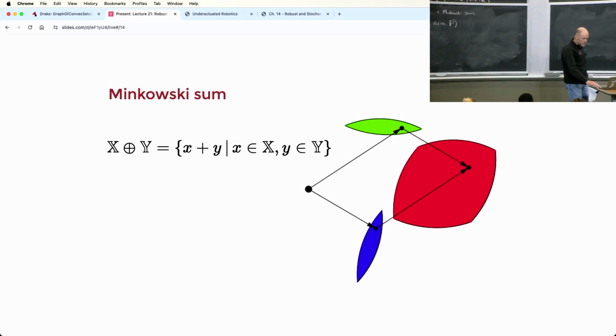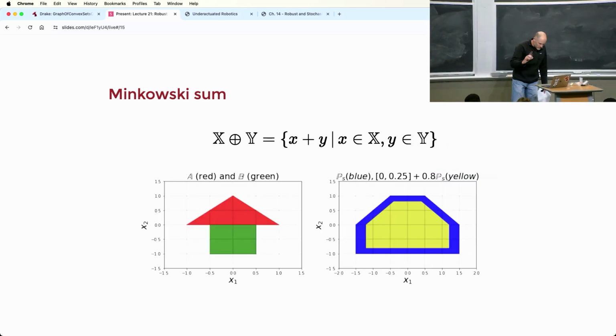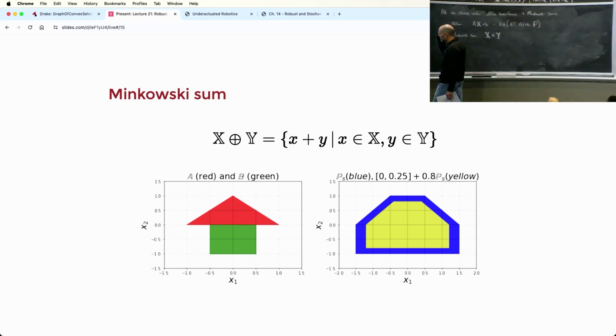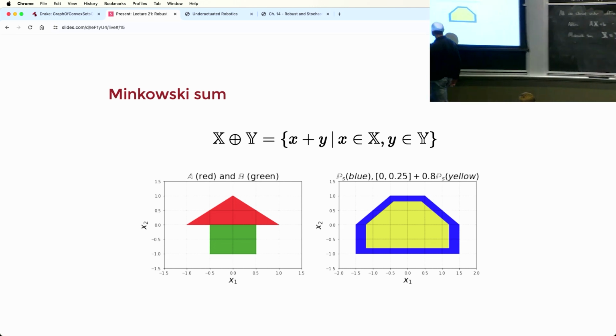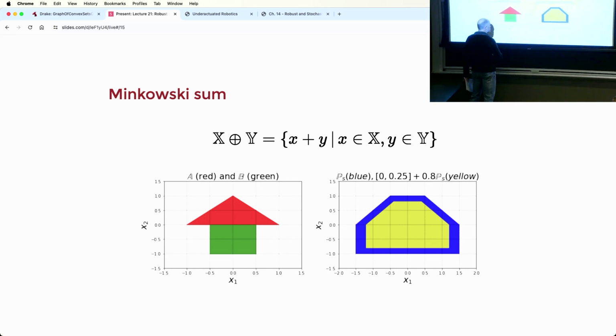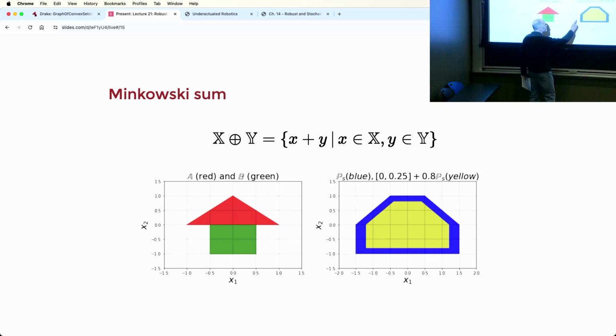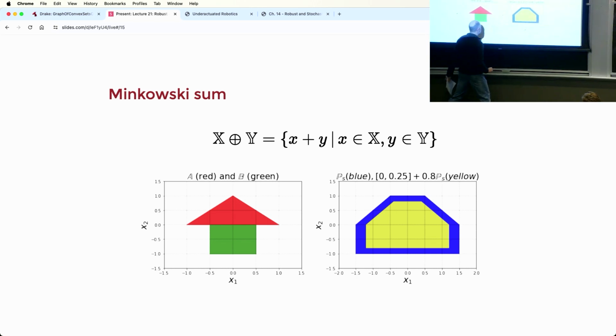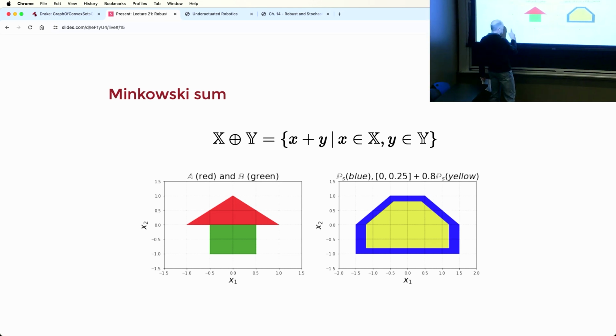The Minkowski geometry, you can think about it for a little while to get your head around it. But for instance, the Minkowski sum of this plus this green gives you this blue. You can ignore the yellow for a second, just this blue region. So this point here at 0.1, -1, 0.